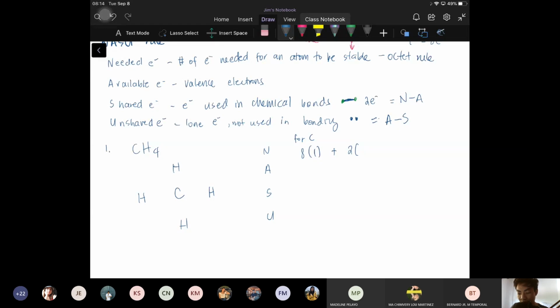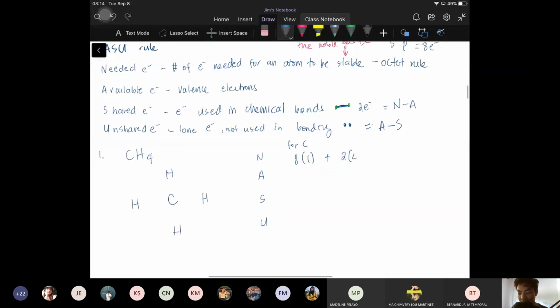Times ilang hydrogen atoms meron tayo? 4. So to get the number N, ipag-add lang natin yan. So 8 times 1 is 8. 2 times 4 is 8. 8 plus 8, 16 electrons. So our molecule needs 16 electrons na. So yan yung needed. Okay, so ganun.